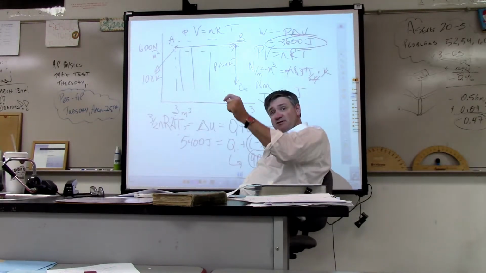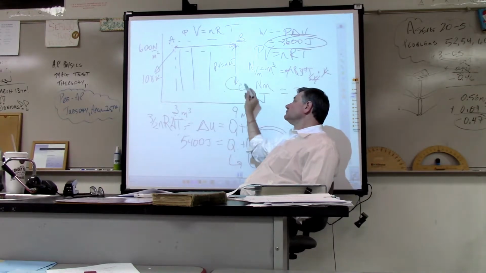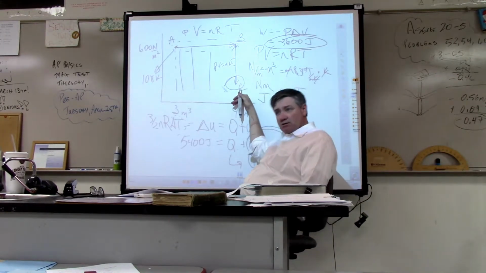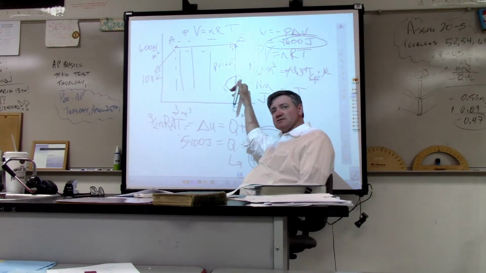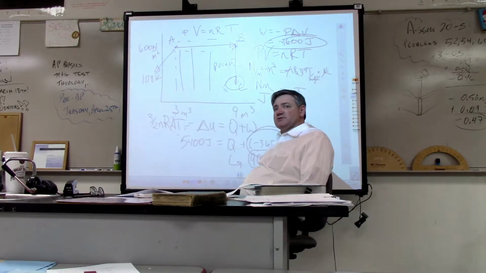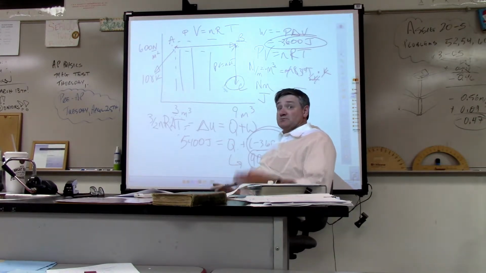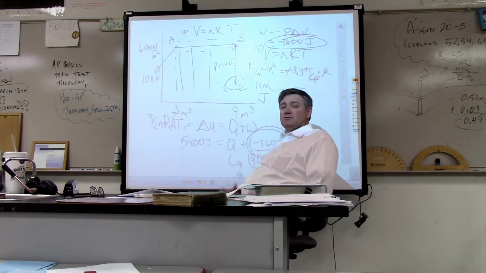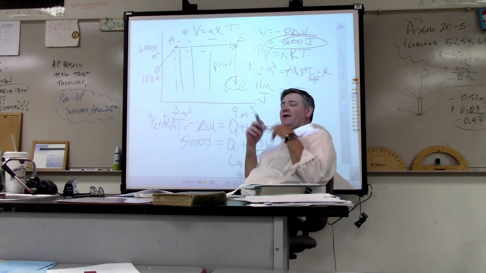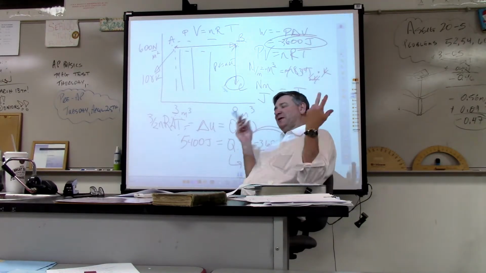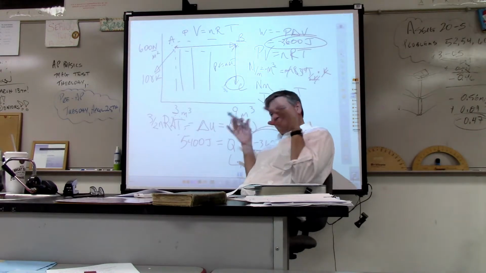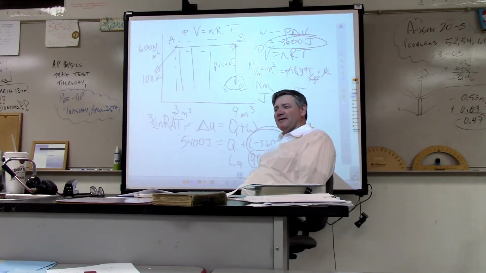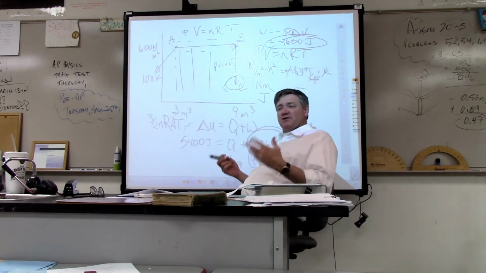Now, in this situation, as this goes down, are you necessarily decreasing the number of collisions? Because what, at the heart and soul of this, creates pressure? How fast they're hitting the side, and how much force they're hitting with.